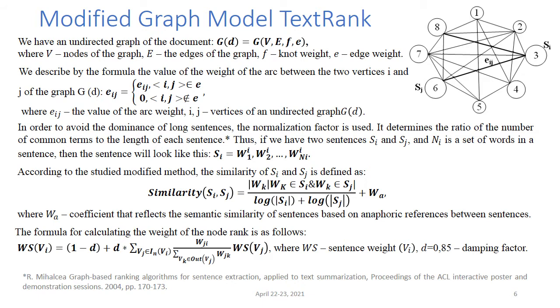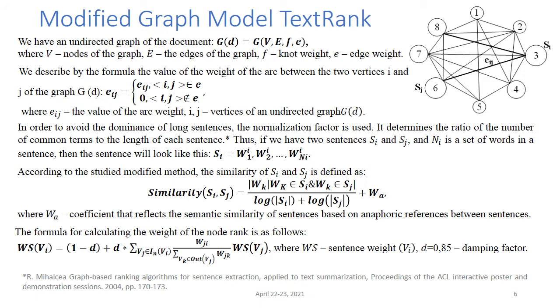In the original paper, the TextRank algorithm has an undirected graph of the document. The nodes of the graph are sentences of the document, and edges are weights between these sentences.